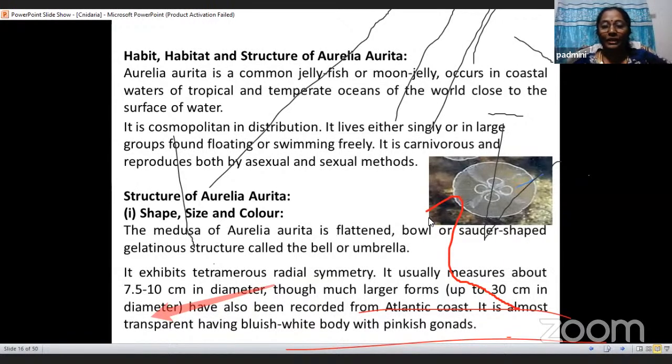It is usually about 7.5 to 10 centimeters in diameter, though much larger forms are present, mostly found in the water. Recorded on the Atlantic coast, almost transparent, having a bluish white body with pinkish gonads. So that's how they are differentiated.